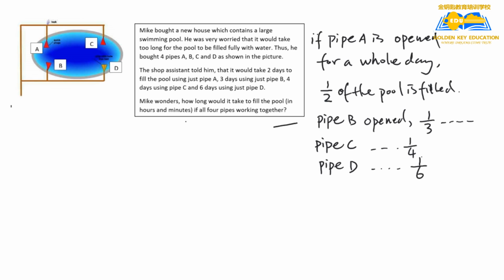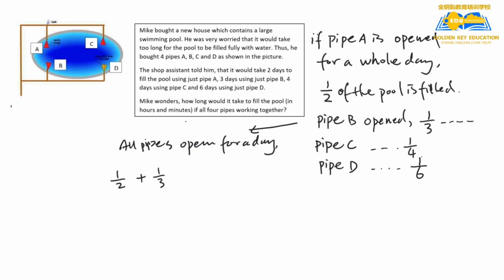So what will happen is now we need to bring everything together. All pipes open for a day. And therefore, from pipe A, you will have 1/2 of the pool.